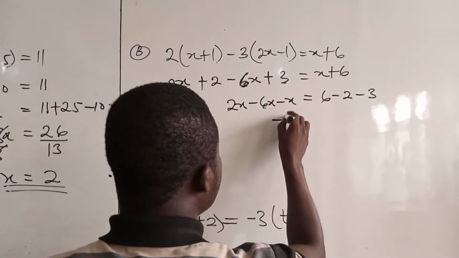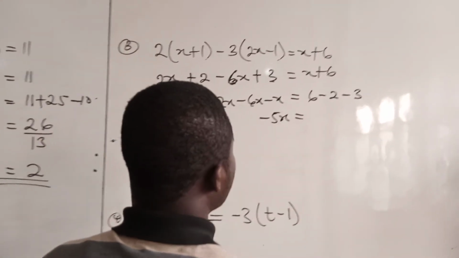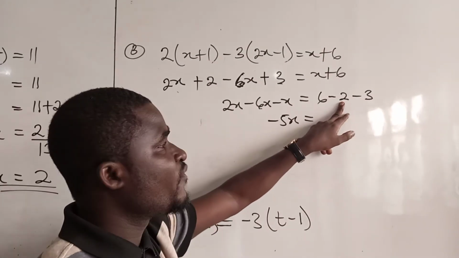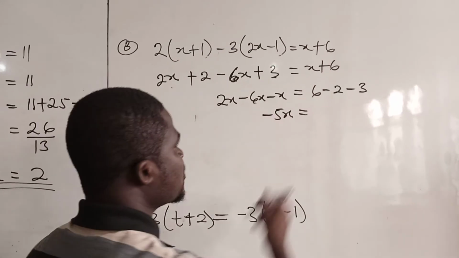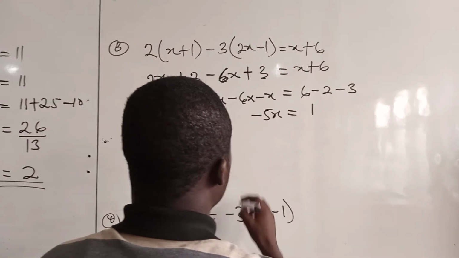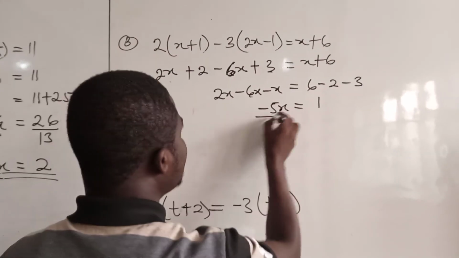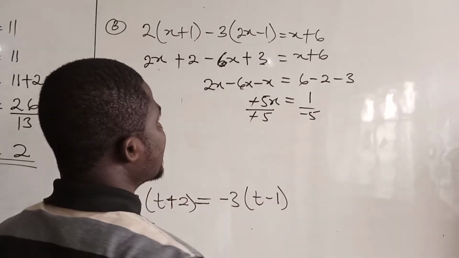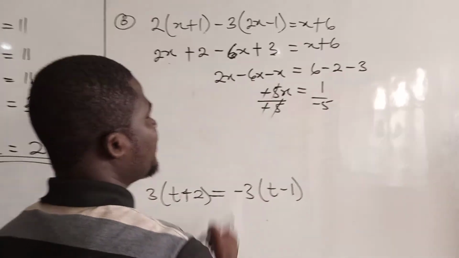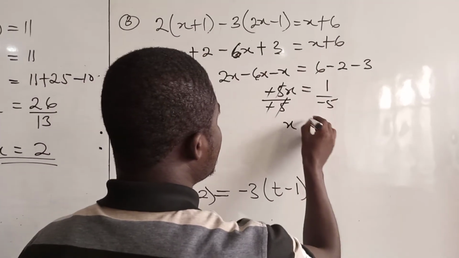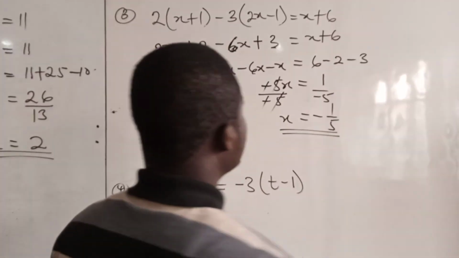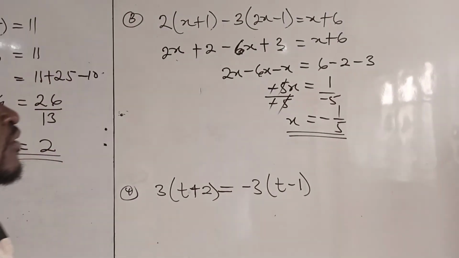So we're going to have negative 5x equals 6 minus 2 will give us 4. 4 minus 3 will give us 1. So we are going to divide both sides by negative 5. Negative will cancel negative. 5 will cancel 5. We are going to have x is equal to negative 1 over 5. So this is our final answer.